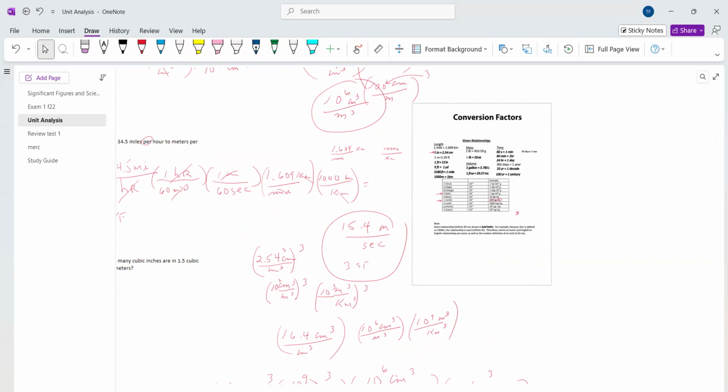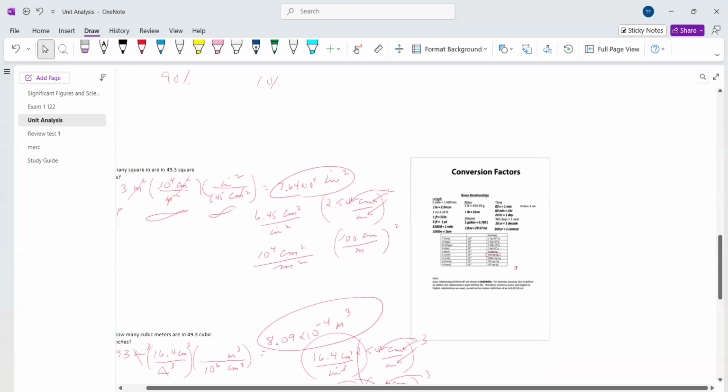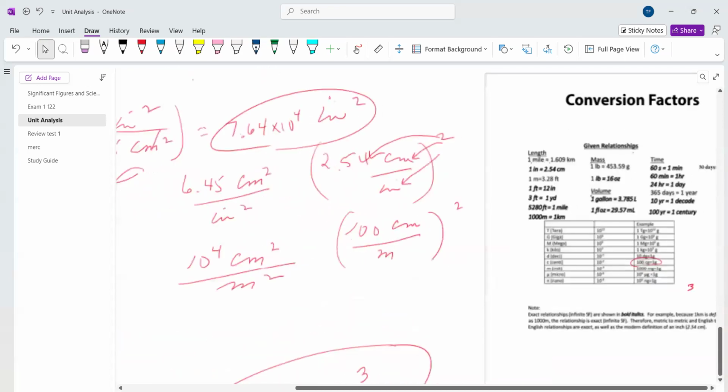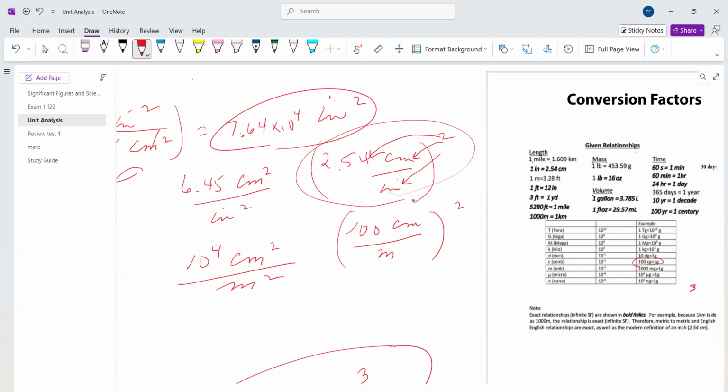Okay, when we look at this number here, that's the conversion from going from length to square. So we have to square everything inside the parentheses. That means the 2.54 is squared, the cm is squared, and then inches is squared.